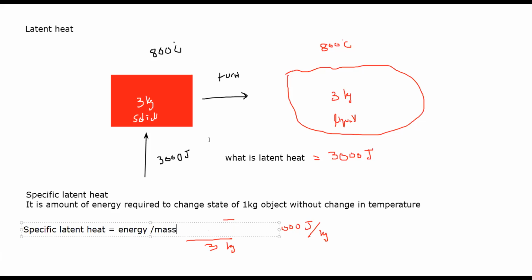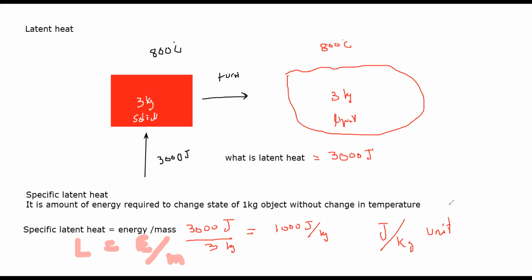Latent heat can be denoted by L, energy is represented by E, and the mass is M. So L equals E divided by M. And the unit, as we know, the unit of energy is joules, and the SI unit of mass is kilogram, so joule per kilogram.